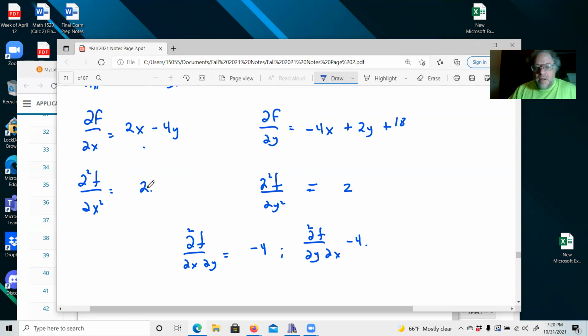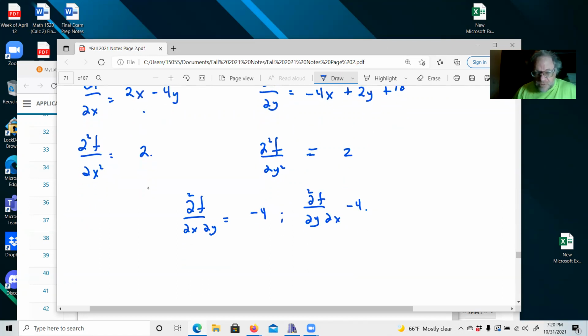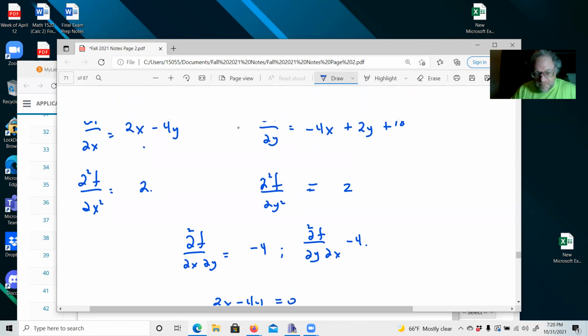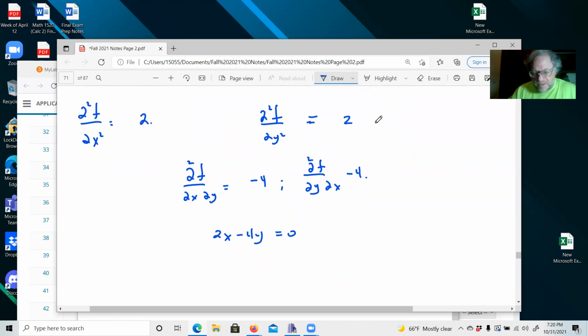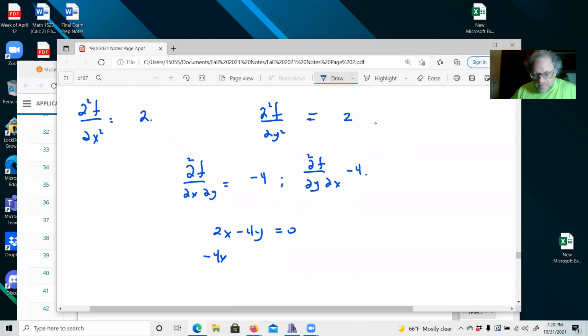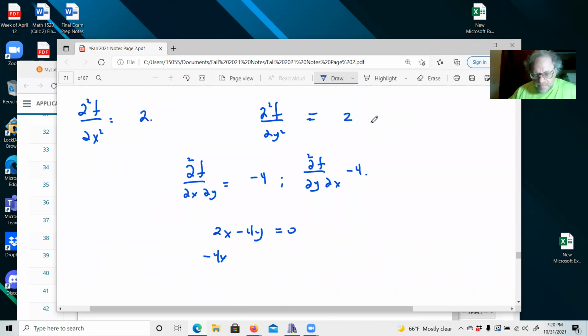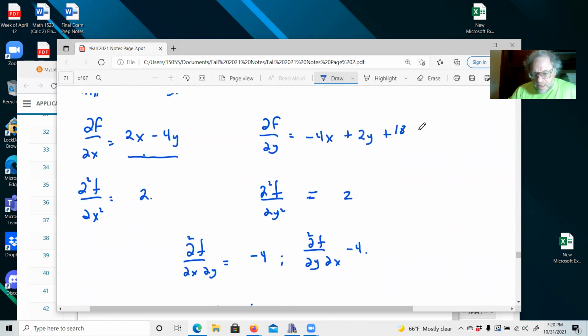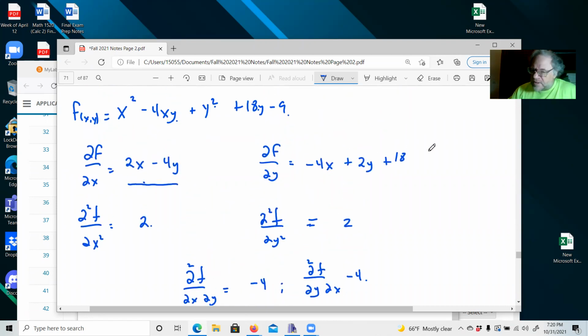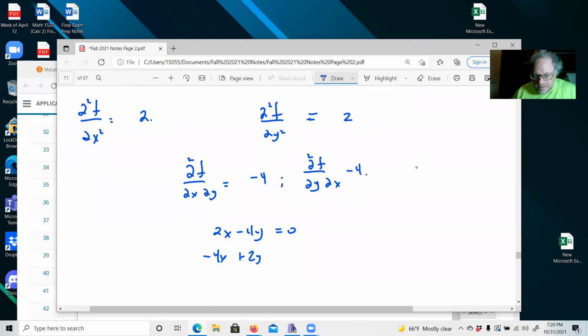Okay, but what we're going to do is we have a system of equations. We have 2x minus 4y is equal to 0, for this right here. We also have -4x plus 2y plus 18 equals 0.